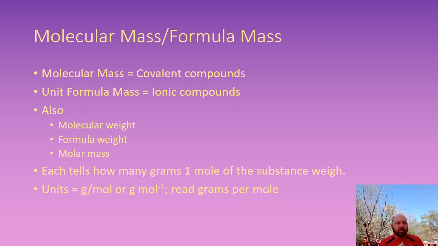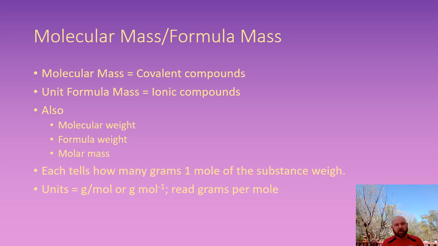One of the useful things about the atomic mass unit and the way that it was standardized to the carbon-12 atom is that it allows us to determine how much 1 mole of a substance in particular weighs. We will call this figure molecular mass for covalent compounds or unit formula mass for ionic compounds. A lot of times you may see those terms used interchangeably.